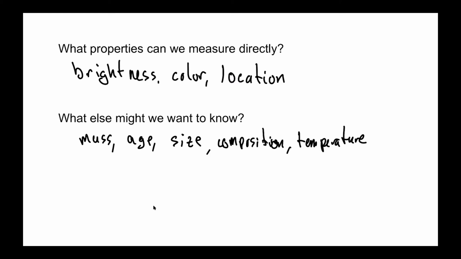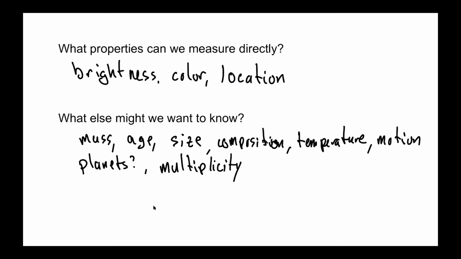We want to know their motion through the galaxy, their velocities. We want to know if they have planets. We want to know if they are alone or in a binary system. I'll call that multiplicity. And that's just the start. There are 100 other things that you could write down that we want to know about these stars.